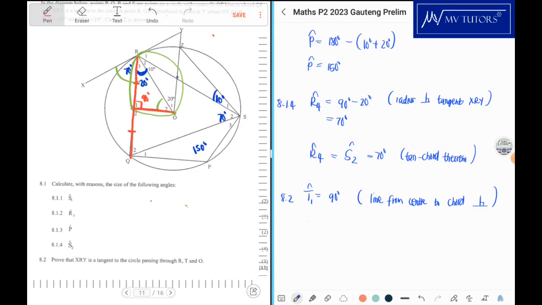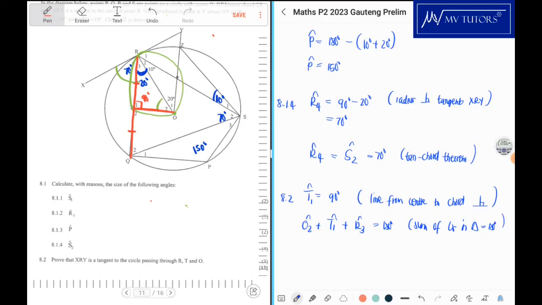Then we know that O2 plus T1 plus R3 is equal to 180, the sum of angles in a triangle. Sum of angles in a triangle is equal to 180 degrees.